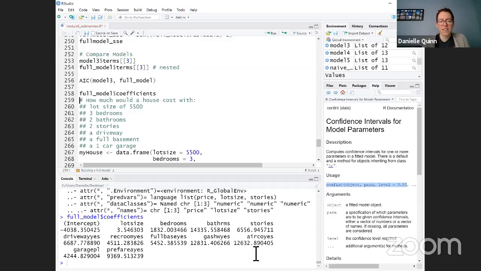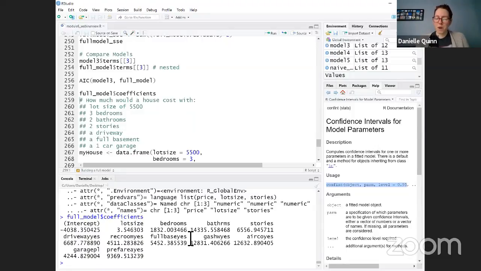And it doesn't have any of these other things, air conditioning, rec room, all of that kind of stuff. So what we could do is write out that whole mathematical formula and say, okay, it's going to be minus $4,000 plus $3.54 times 5,500 plus $1,800 per bedroom. And we could go through and do that.